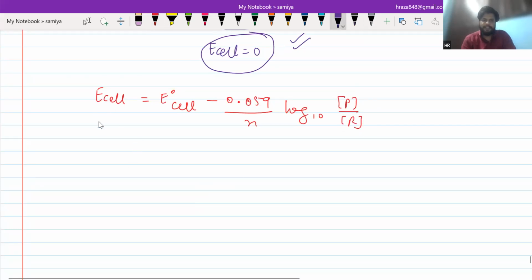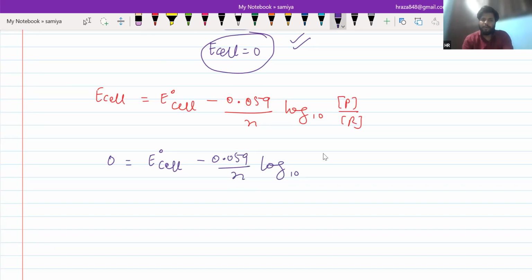Since E cell has a value 0, so 0 will be equal to E naught cell minus 0.059 upon n log to the base 10 product upon reactant. Now we can easily write E naught cell will be equal to 0.059 upon n log to the base 10 product upon reactant.